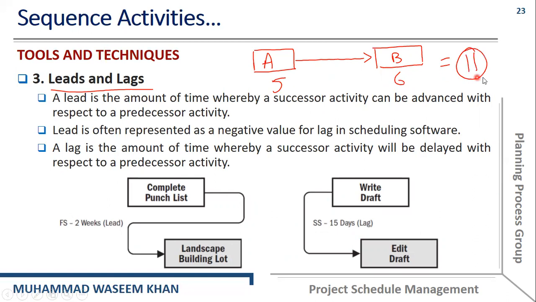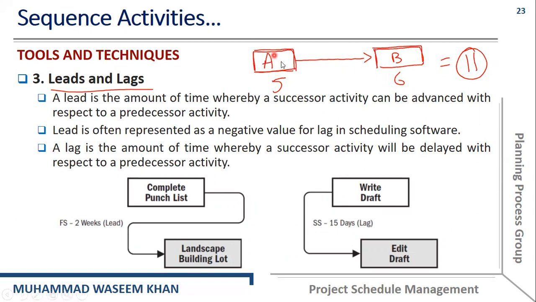So total time we need for activity A and B is 11 days. In 11 days, we can complete activity A and B because activity A takes 5 and activity B takes 6 days.